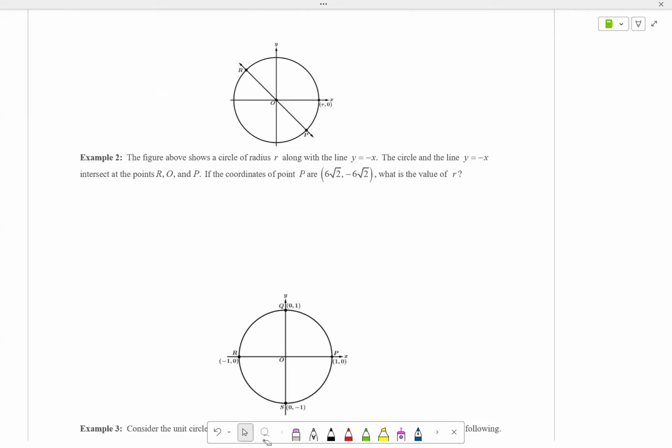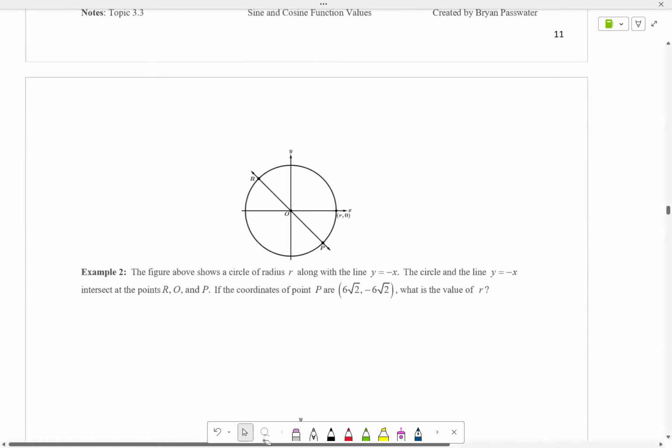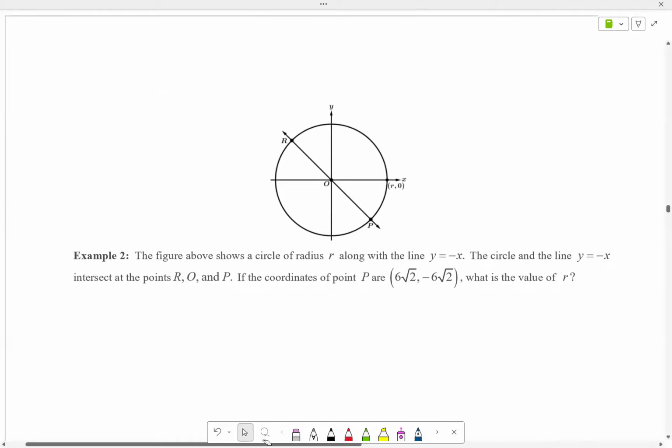That's the coordinate. Ten seconds. Please show me the answer if you can.